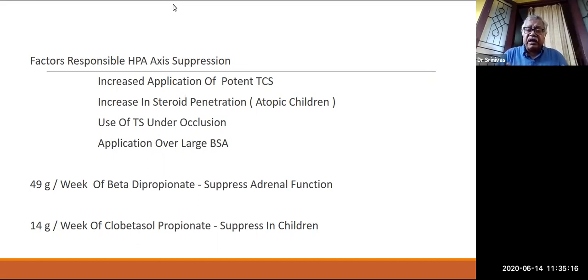The side effects seem to be much less than in psoriasis, where they apply and you find really Cushingoid features, and pustular psoriasis. Sometimes withdrawal of the topical steroid can give rise to pustular psoriasis. Then applying steroids over wet wrapping also can enhance the absorption and cause axis suppression.